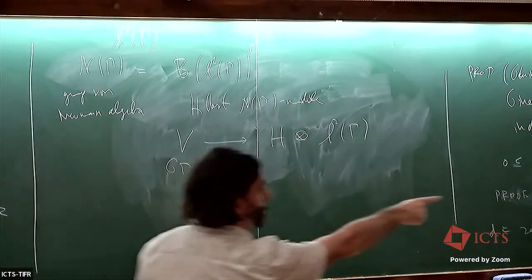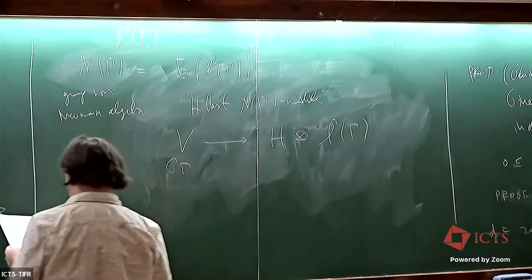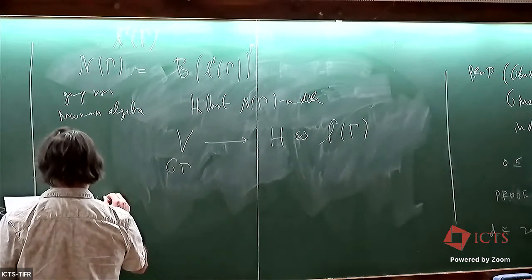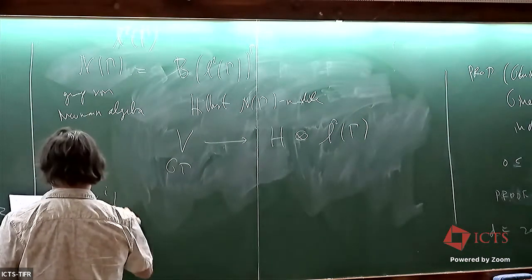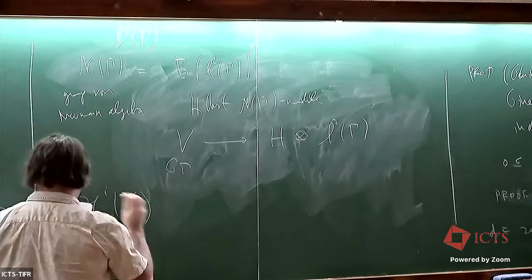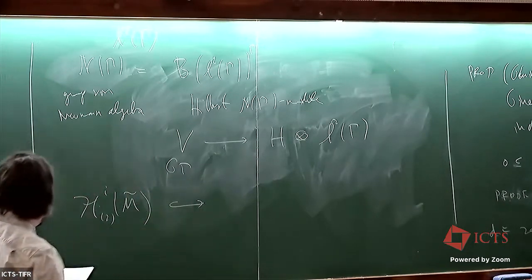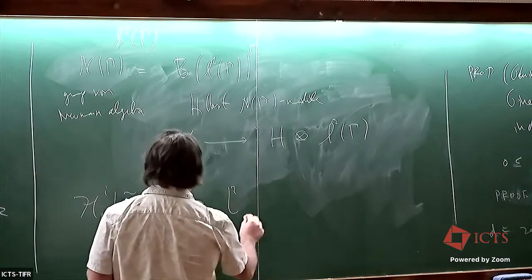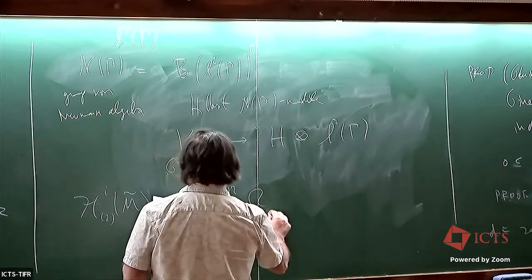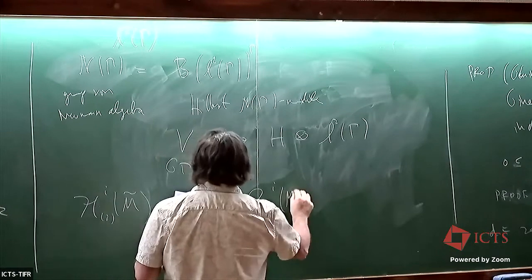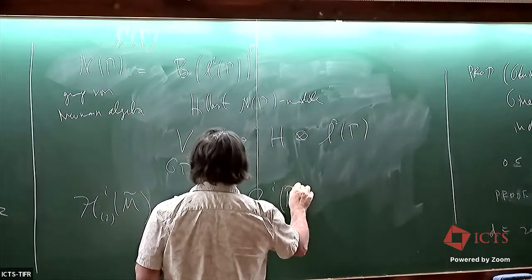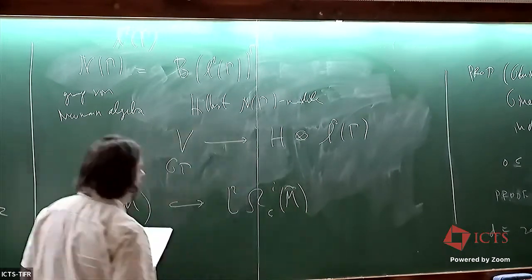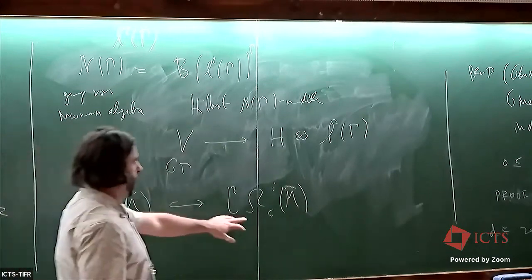So that's the thing here, these L2 harmonic forms. There's an isometry. This is how you think about the completion. You complete the harmonic forms, so differential forms on the cover with compact support.